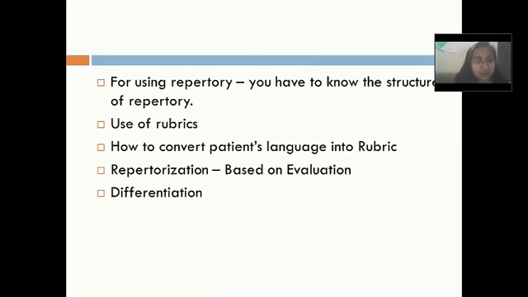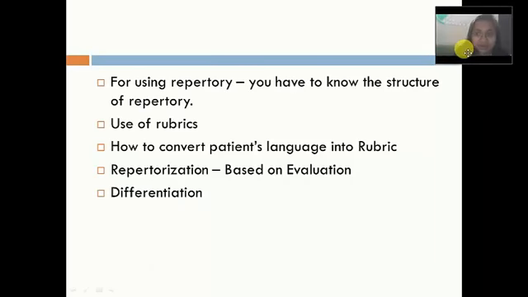You have to know the use of rubrics as well, and how to convert the patient's language into rubric. That's very important. Repertorization based on evaluation is also very important, and differentiation between the remedies.